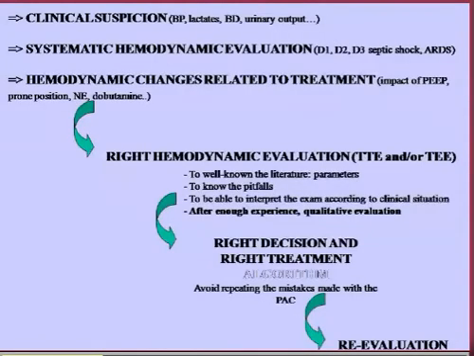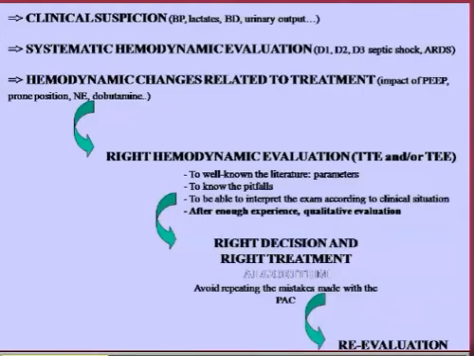You can decide to perform an echo by a transthoracic or transesophageal route because of a clinical suspicion: my blood pressure is low, my lactate level remains elevated, my base deficit remains elevated, or the urinary output of my patient is low, I don't understand why.